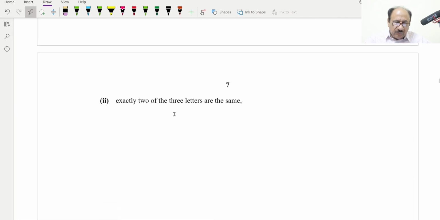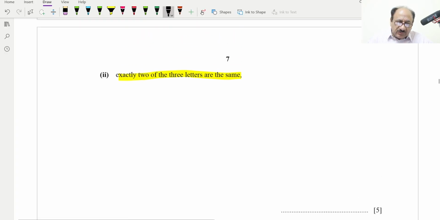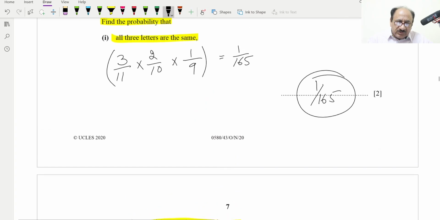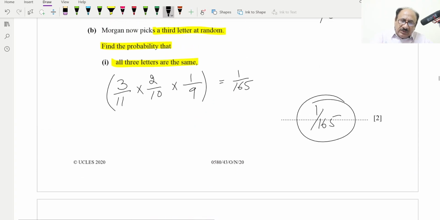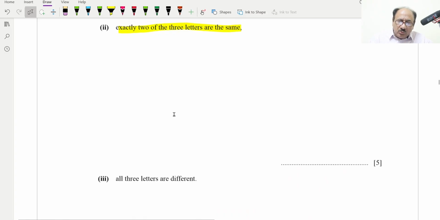Now for the next part, exactly two of the letters are the same. Two of the letters are the same when we are taking three cards. This is part of this question, where three letters are picked at random. So out of three, exactly two of them are the same.